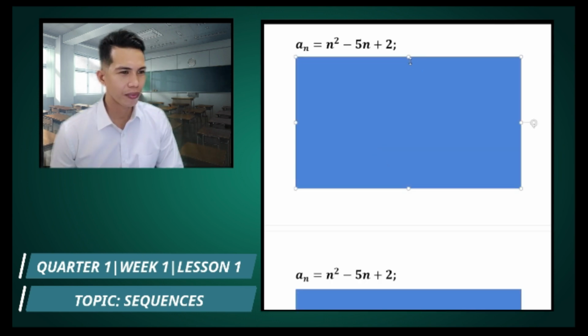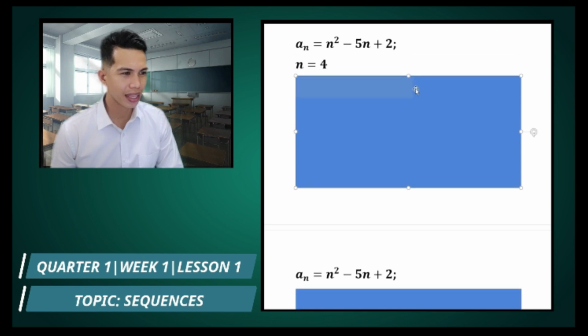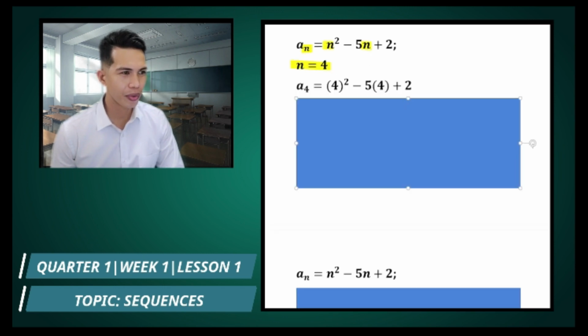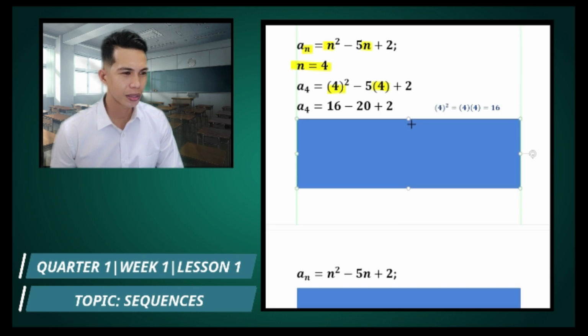Now we have our fourth term. We let n equal to 4. Then substitute all the values of n by 4. Therefore, we have 4 squared minus 5 times 4 plus 2. Simplify. 4 squared is 16, since 4 squared is equal to 4 times 4 equals 16.